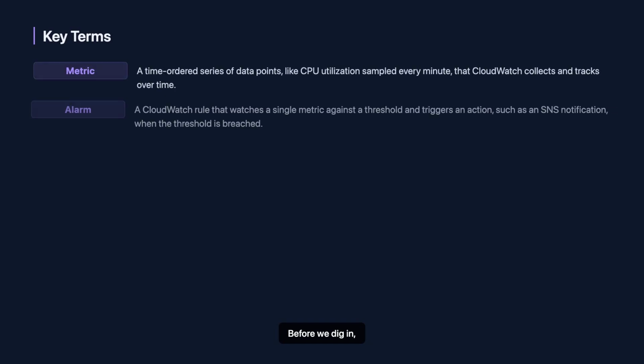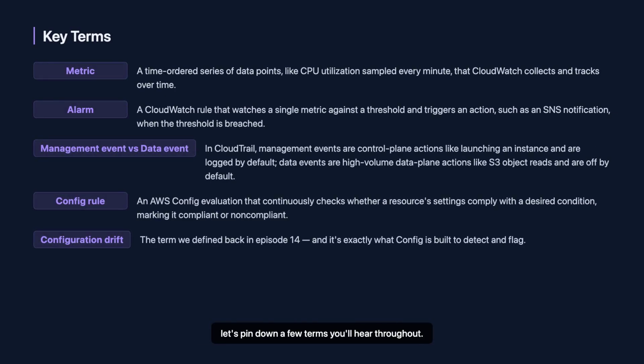Before we dig in, let's pin down a few terms you'll hear throughout. A metric is a time-ordered series of data points. Think CPU utilization sampled every minute. An alarm is a CloudWatch rule that watches a single metric against a threshold and fires an action when that threshold is crossed. Then there's the distinction between a management event and a data event.